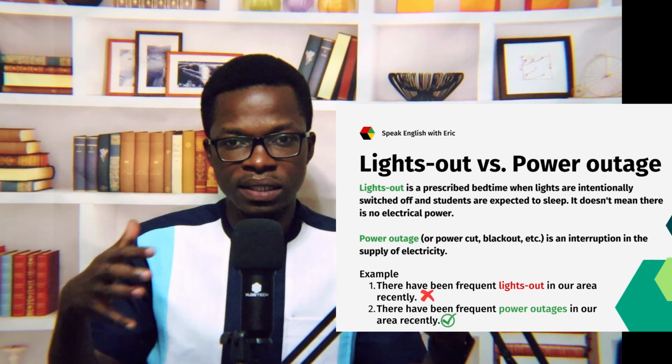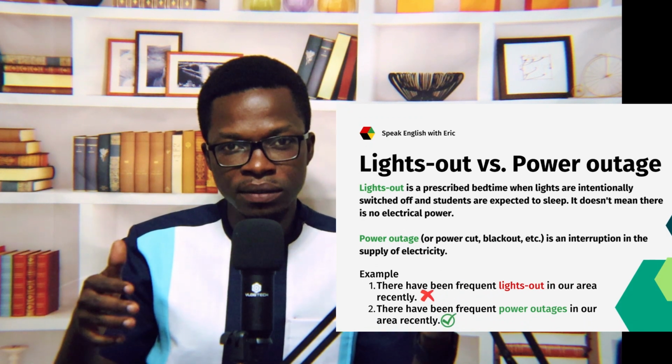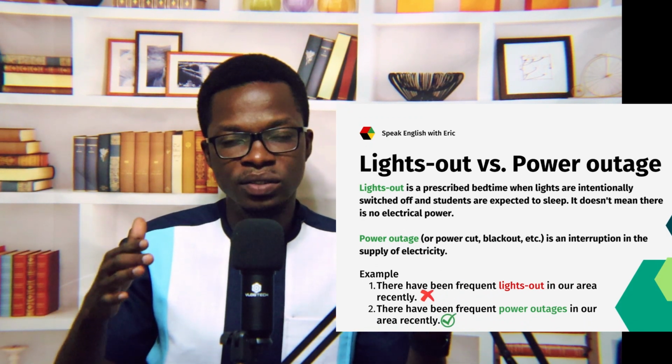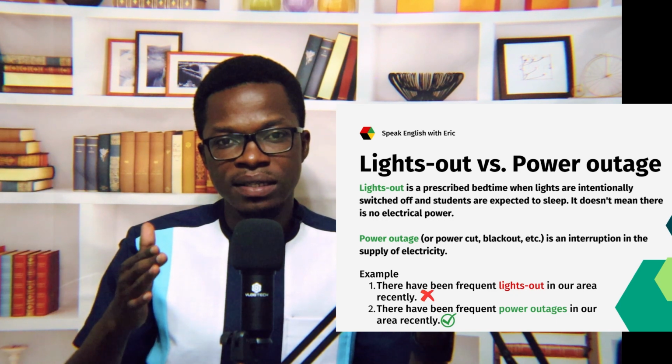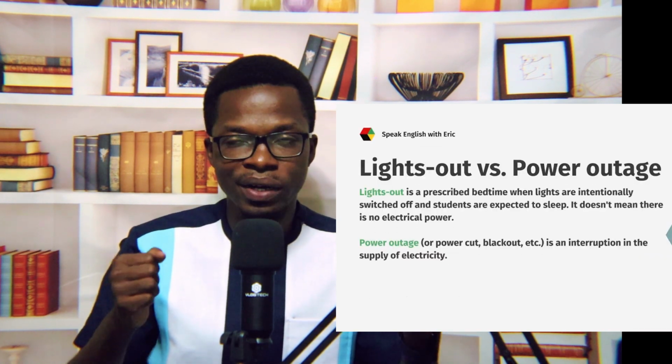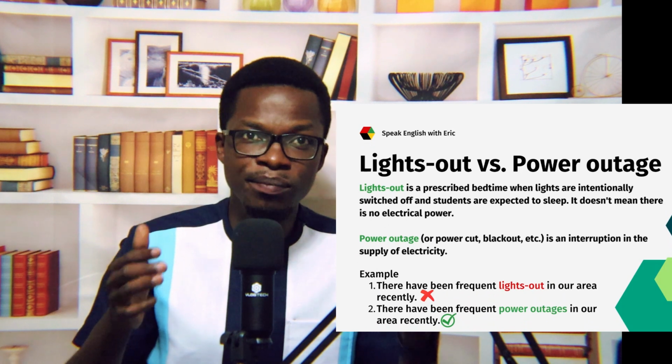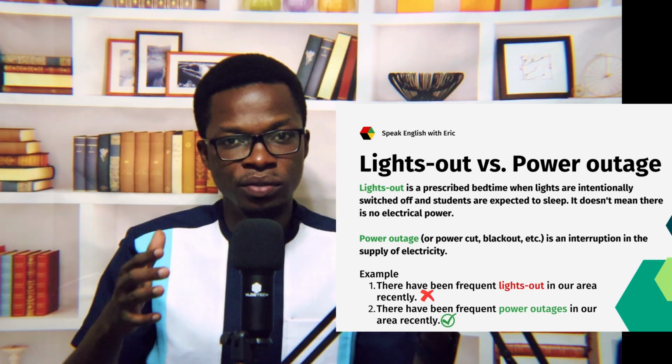In standard English or in the language which is mostly accepted by native speakers, lights out is a specified time where, especially in boarding houses or in places where there is some kind of control and discipline, the members or the students there are expected to sleep by a certain time, right? So let's say by 10 p.m. everybody is supposed to sleep.